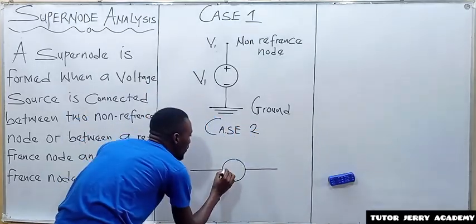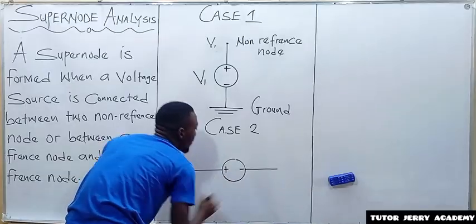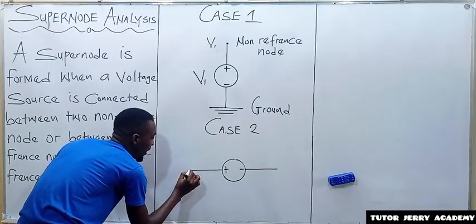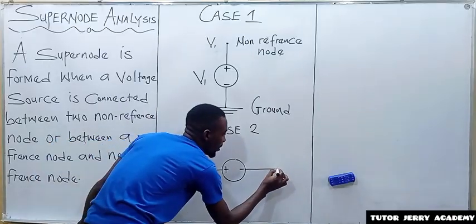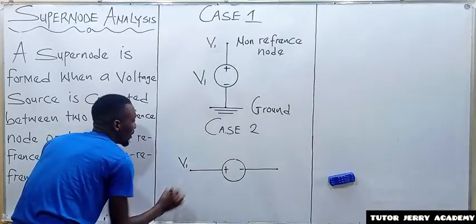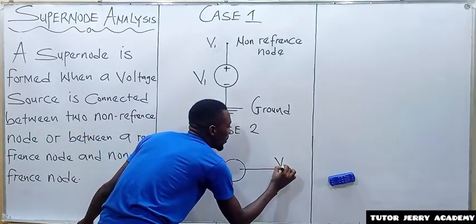If this place is positive and this place is negative, consider this place a node and this place another node. Let's call this place V1 and this place V2.